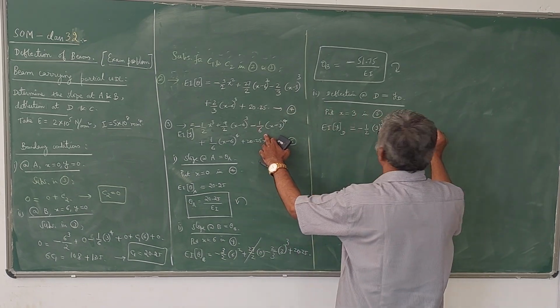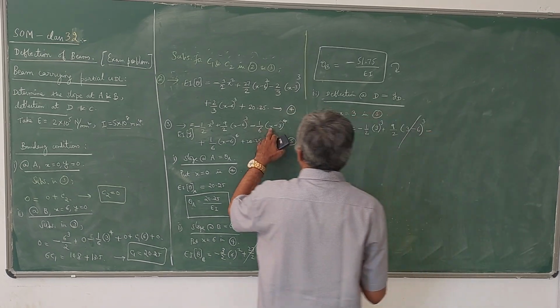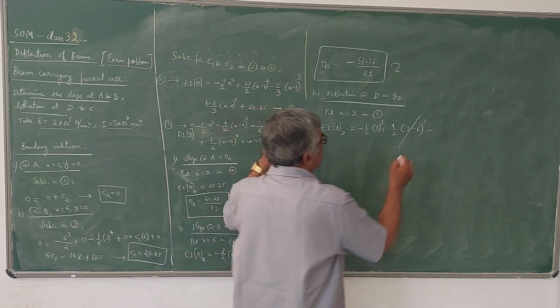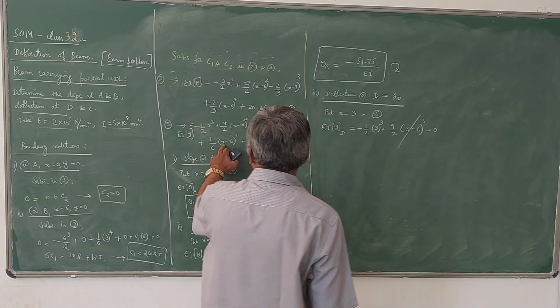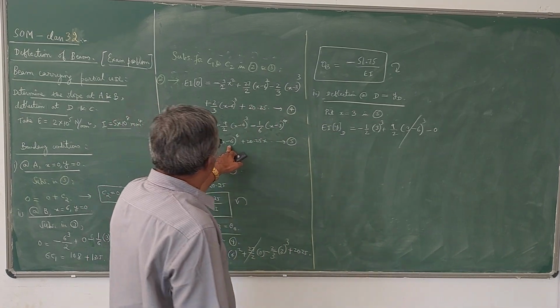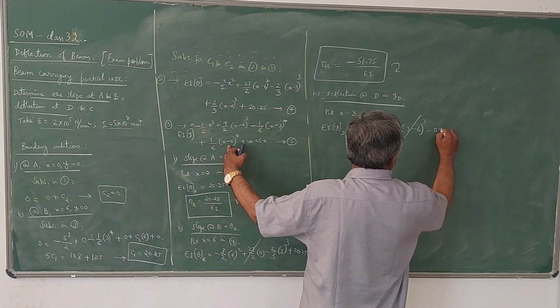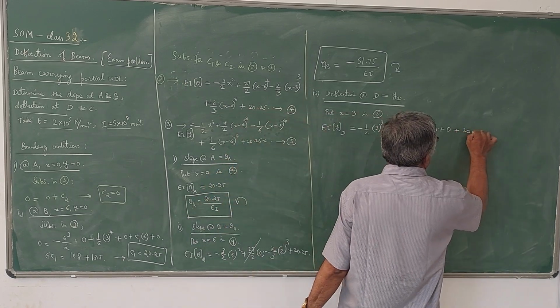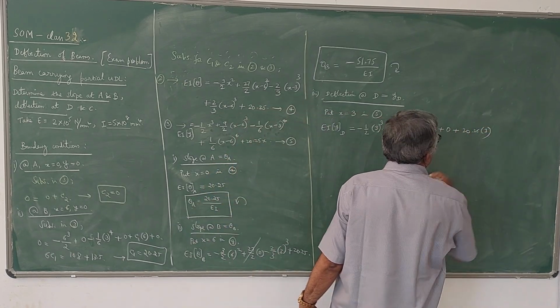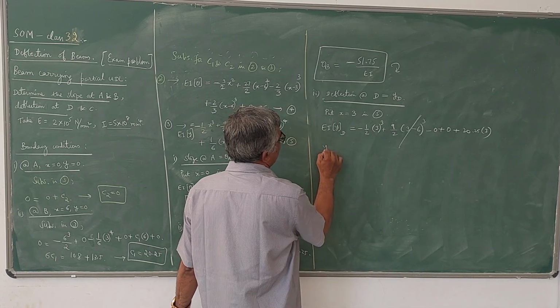Then minus 1 by 6 into 3 minus 3, which is 0, so this term becomes 0. Here also 3 minus 6 becomes minus 3, so you have to omit that term. So plus 0, plus 20.25 into x, which is 3. You have to simplify this, and you will get YD.